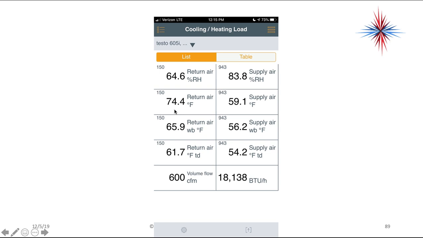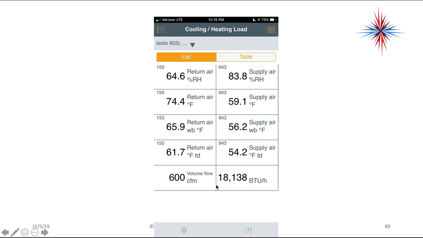Okay, I have a supply air and return air, 74.4 to 59.1, and I'm getting way off of topic here, but 74.4 minus 59.1, okay, that's a 15.3 temperature difference.